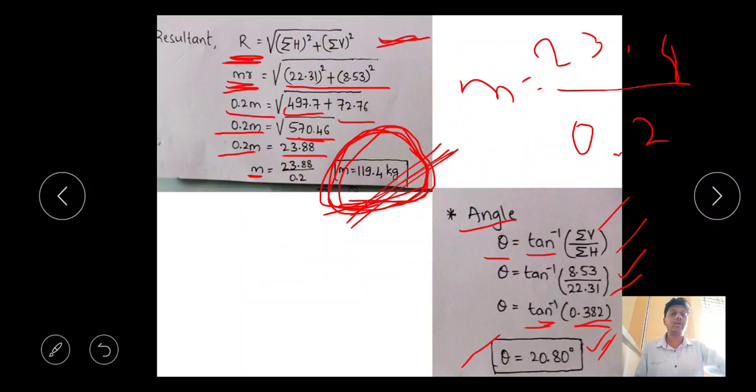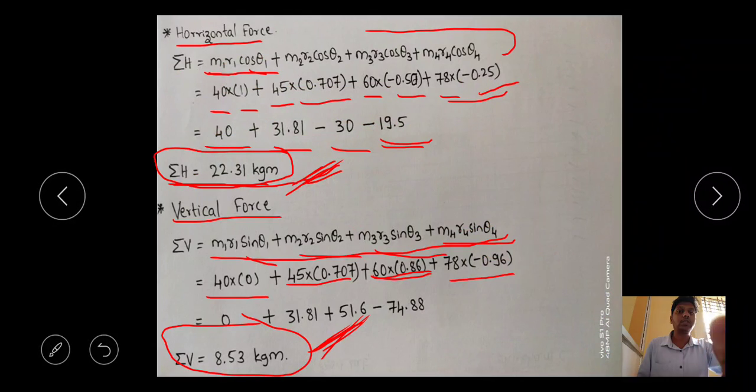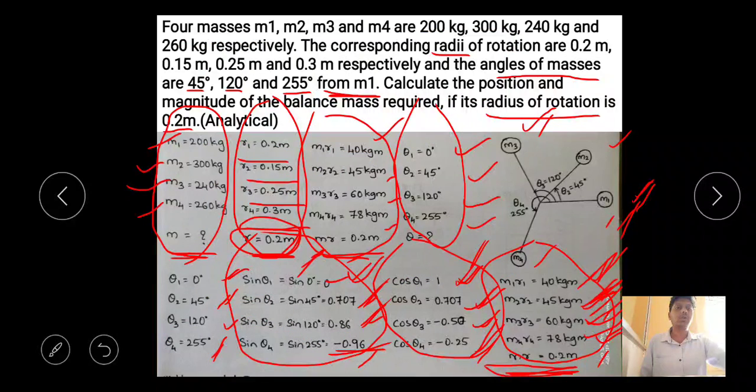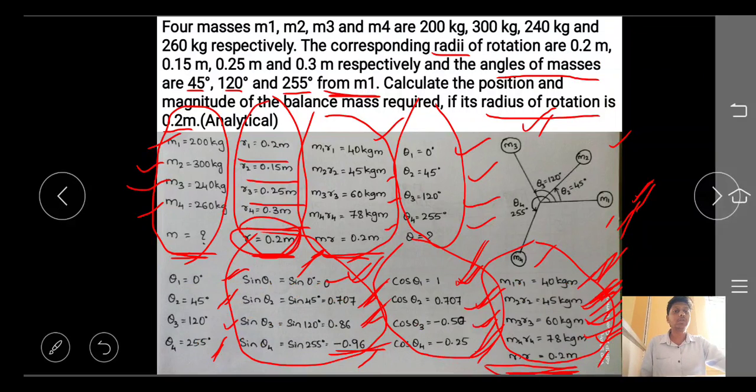I hope you have understood this whole procedure. Sit with your notes and note down all these things, rewind the video, and try to operate the calculator on your own and solve the problem. If you have any doubts, you can come and clarify them.